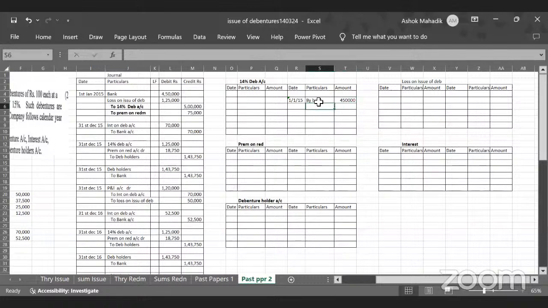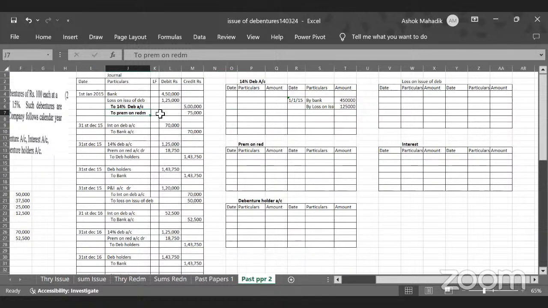Which is the another account on debit side? By loss on issue. How much amount? 1,25,000. Clear? We are recording this in the 14% debenture, so we never record 14% in that same account.